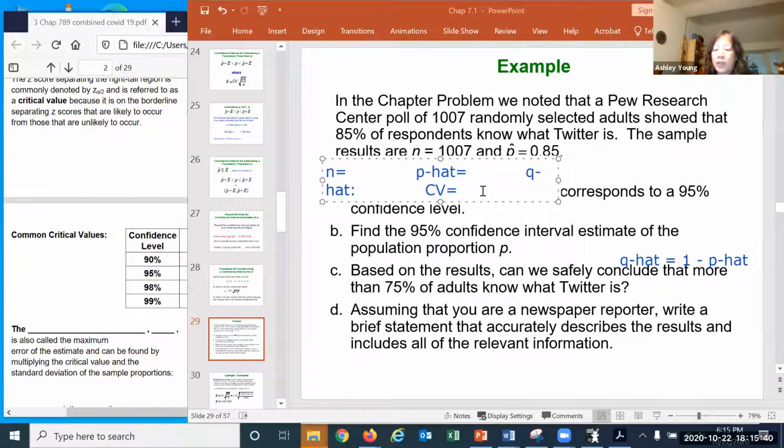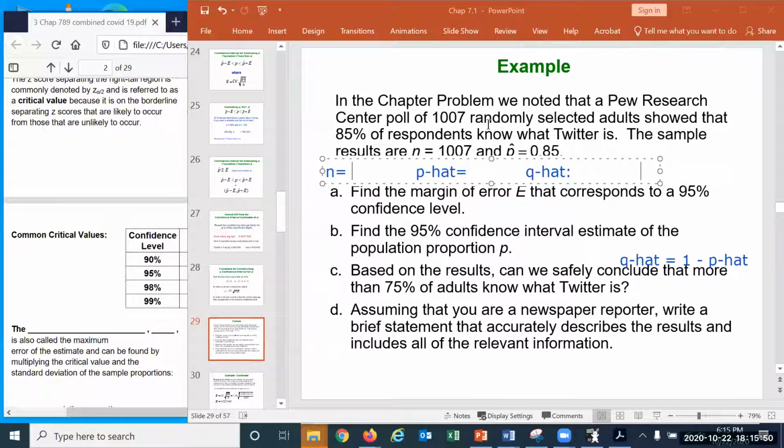These two things I'm given from the beginning. So someone please help me out. What's my n? 1,007. Yeah, that's the number of people that you selected. Your sample size. n is how many people that you chose. I chose 1,007 people.